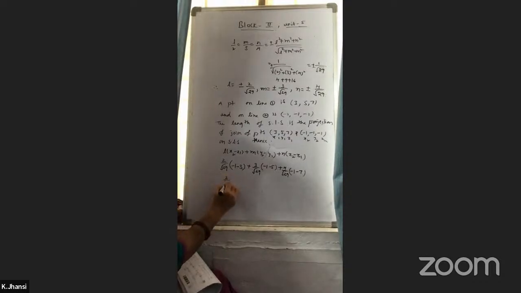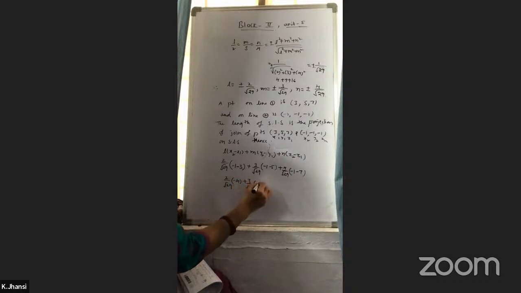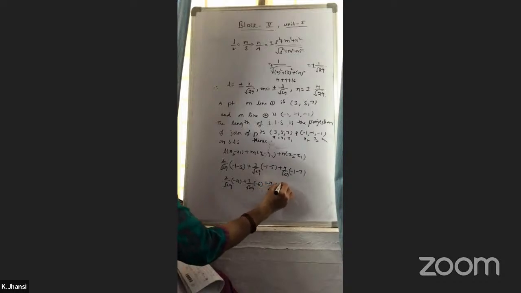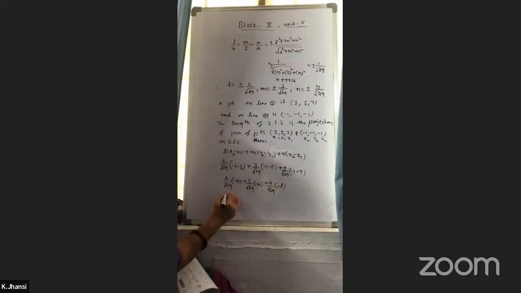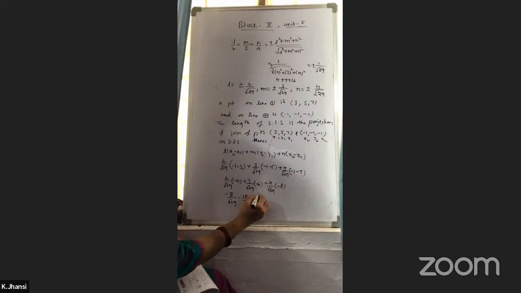So this is 2 by root 29 into minus 4, 3 by root 29 into minus 6, plus 4 by root 29 into minus 8. If you multiply, minus 8 by root 29, minus 18 by root 29, minus 32 by root 29.